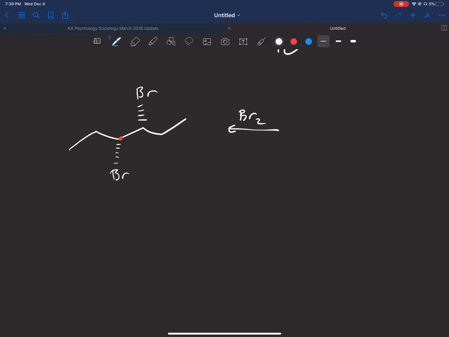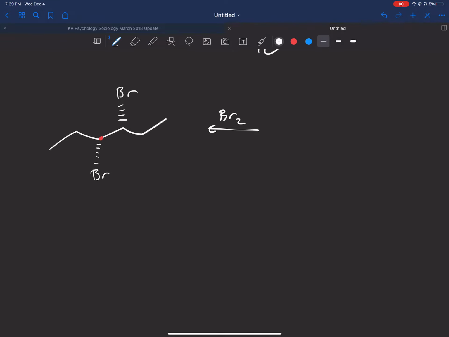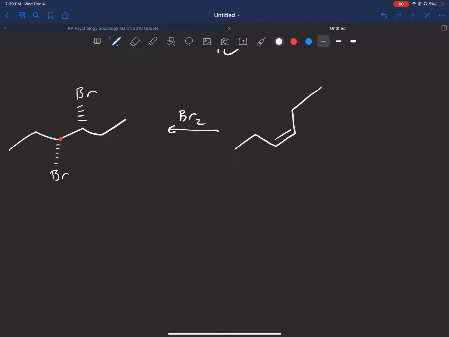And rather than drawing that trans product, we're going to draw the cis product. And I'm going to just rotate the other carbon to make it a little bit neater. We're going to get this alkene. Okay? Because that will give us a trans. And all they did is they just rotated the bond in the product. All right? That's fair game.